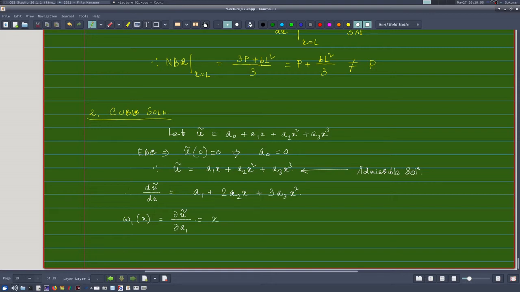Remember, it is partial differentiation, so the other terms will not come into the picture.